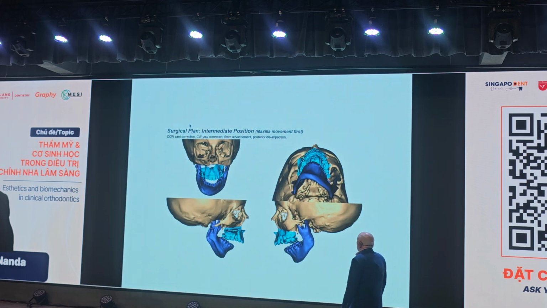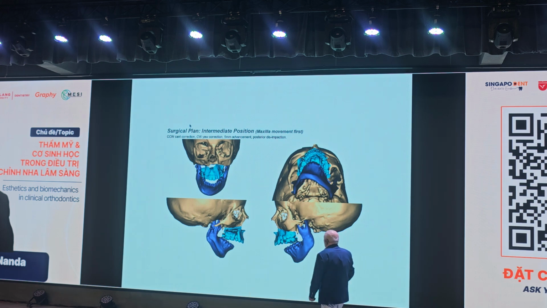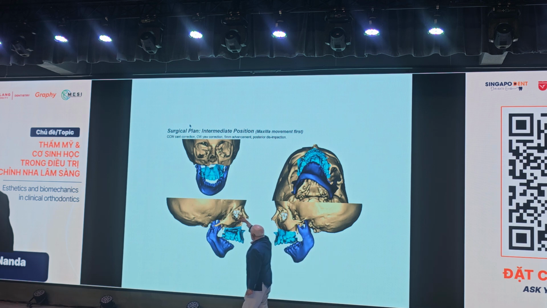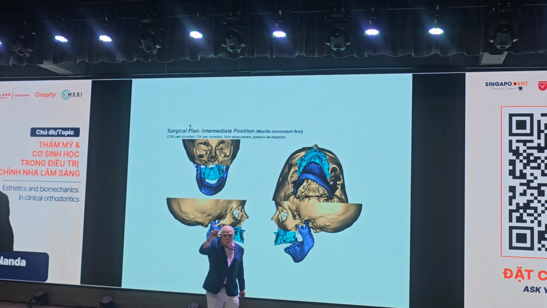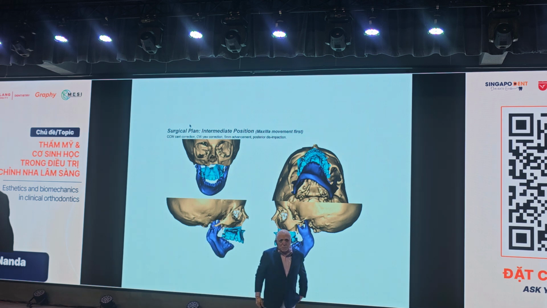And then the next thing what you are going to do is maxillary advancement. And you can see maxillary advancement, how it looks in relationship to the problem, and take a look at the amount of gap you are going to create on one side. Huge amount of gap.